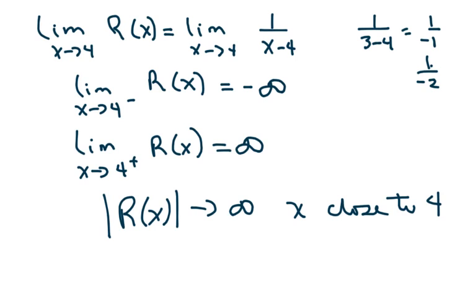So basically, let me graph this. Here's our 2, and let's make this negative 1/2. We know there's a hole here. There's an asymptote at 4.